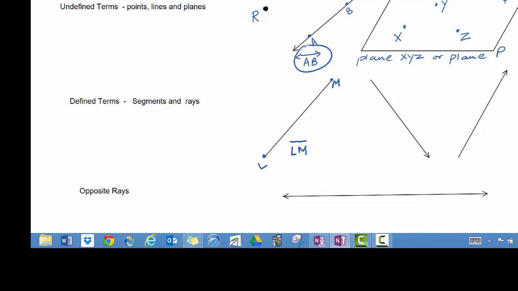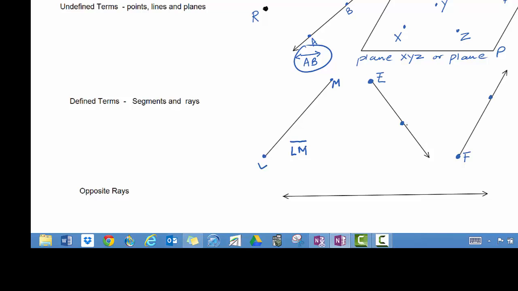Next we have a ray. A ray has 1 endpoint, not 2 endpoints, so we can just say E for endpoint here. And look at this ray. It goes in another direction, but it's also a ray. We need 2 points to label a ray also.